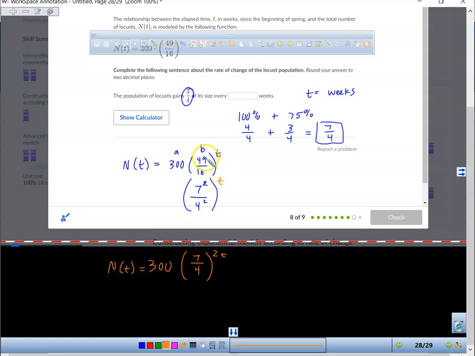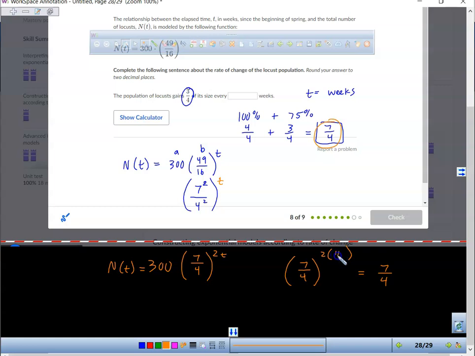I went from 49 over 16 to 7 over 4 raised to the power of 2, which is the exact same thing. Now, I just want to gain 7/4. I don't want to gain 49 over 16. So what could I do? What would I have to plug in here for that to equal 7/4?